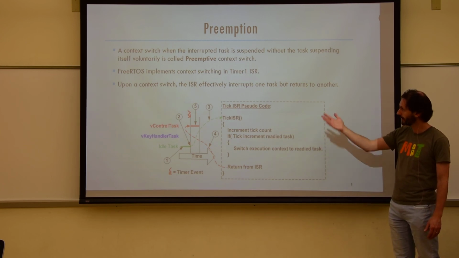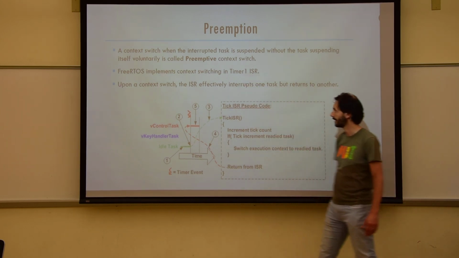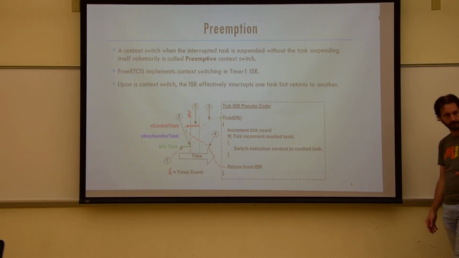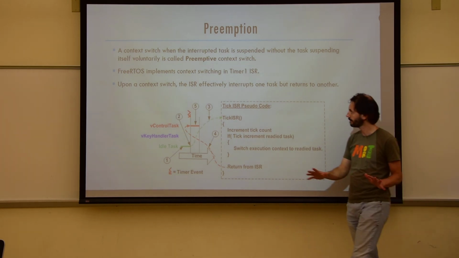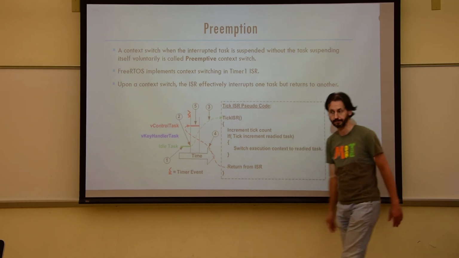For example, FreeRTOS implements context switching in the timer 1 ISR. So you will have a lab, an assignment, that has two parts. One is playing with some scheduling strategies at a very basic level, and the other is getting FreeRTOS to work on your system.